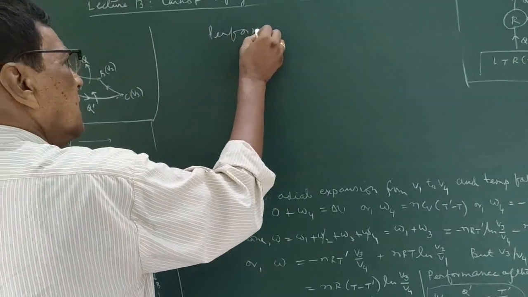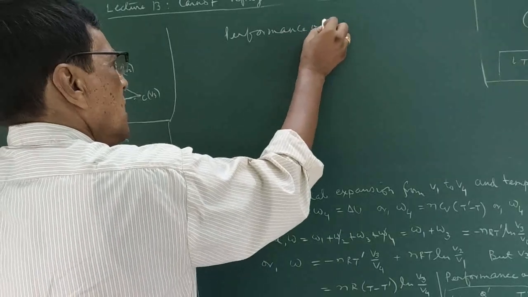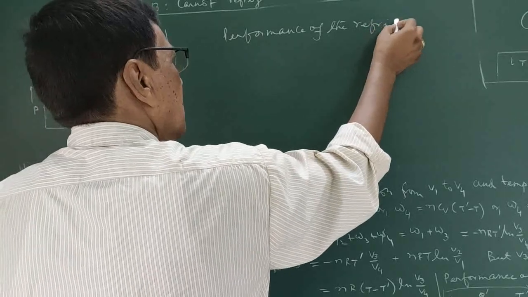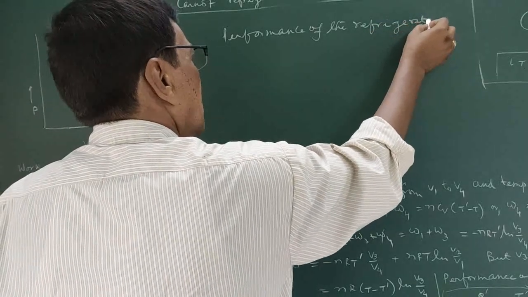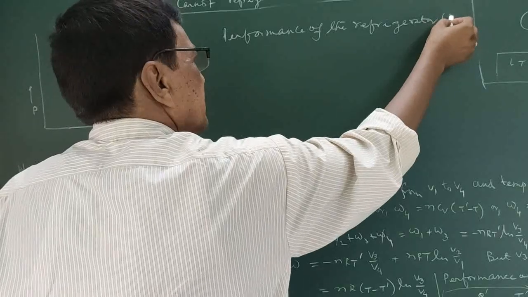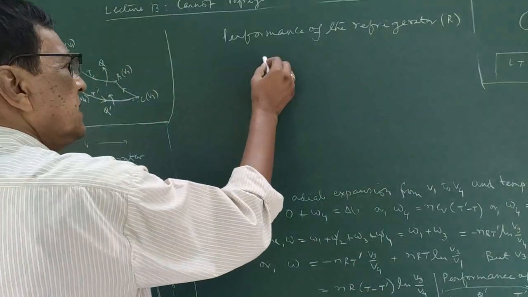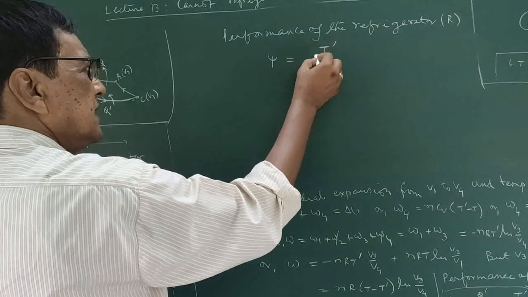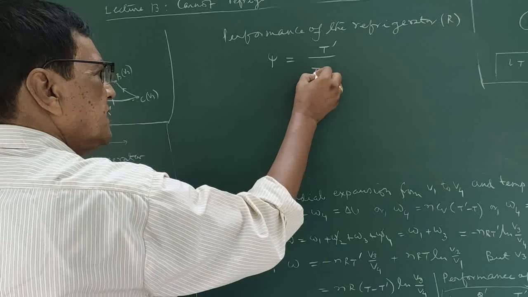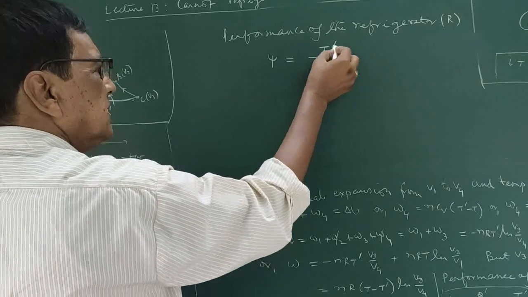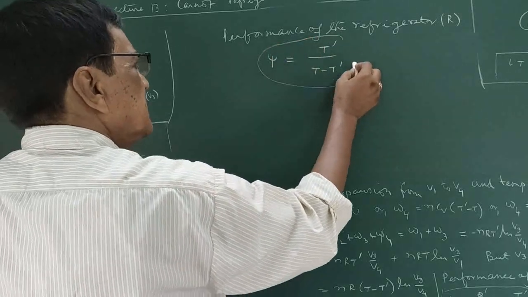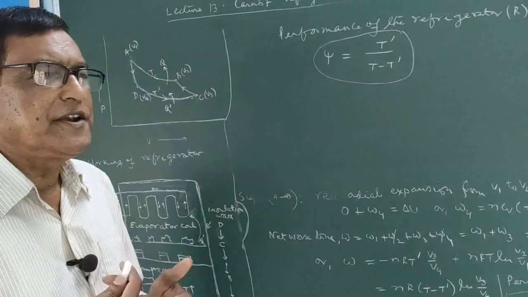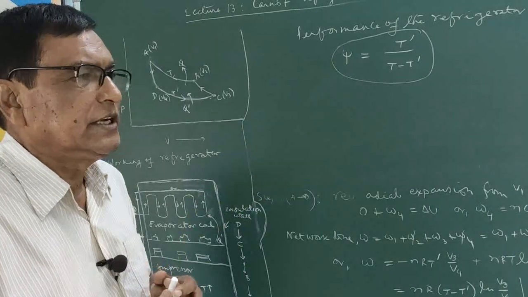Performance of the refrigerator is given the symbol psi. This psi equal to T dash divided by T minus T dash. So it is similar to the heat pump, but slightly differs from the heat pump.